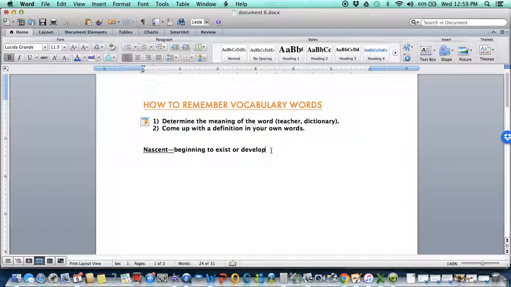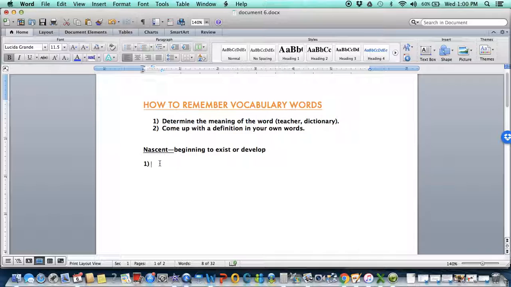If I were to put this in my own words, I'd say if something is beginning to exist or develop. And look up when you're doing this part, the formal meaning, and see where they have it used in a sentence, have your teacher use it in a sentence, or look in the dictionary where it's actually used in a sentence. So it's like, okay, that makes sense. Okay, so you could say the girl's understanding of the world was nascent, it was still developing. Okay, so it makes sense in your own terms, in your own mind.